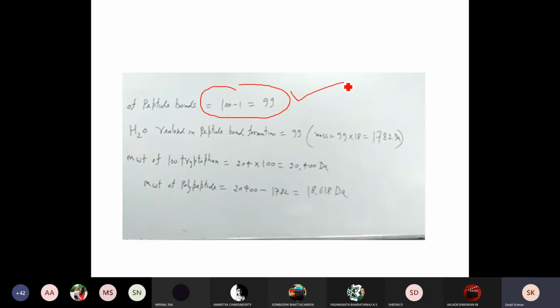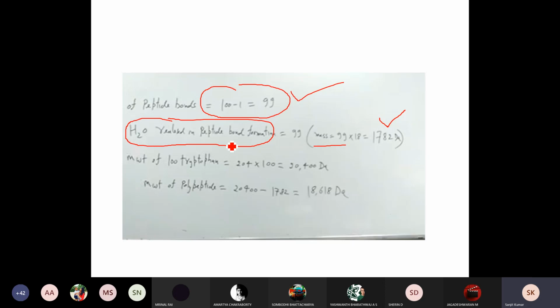Do you agree with this? Yes, because at the N terminal there is NH2 and at the C terminal there is COOH that are flanking, and they will not make an interaction. So 99 multiplied by 18 is 1782 Dalton. Clear?